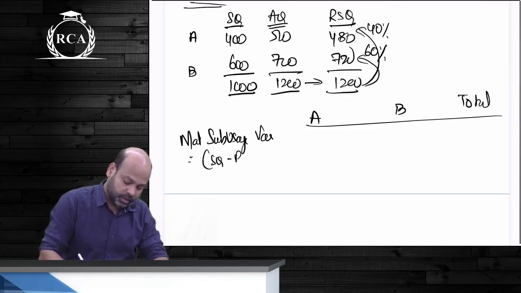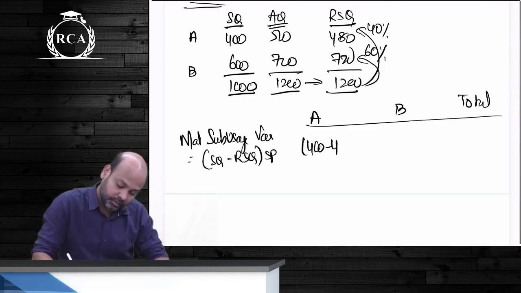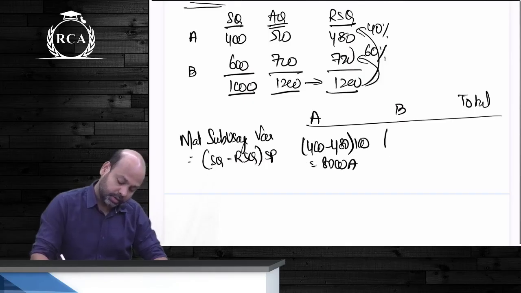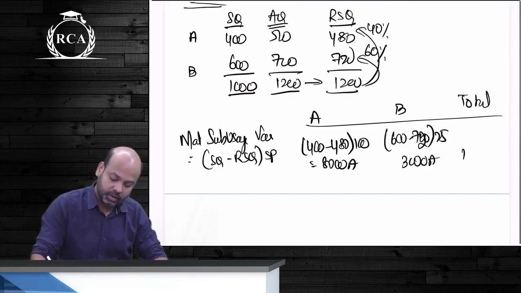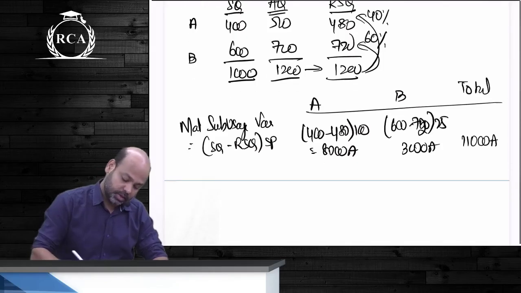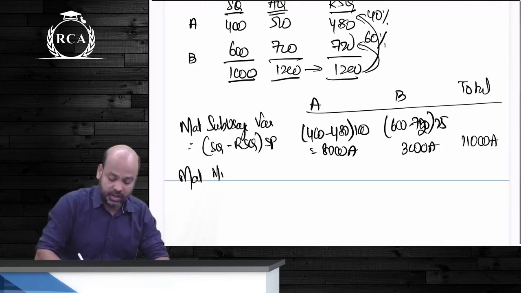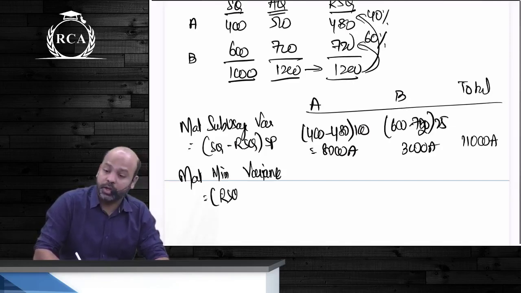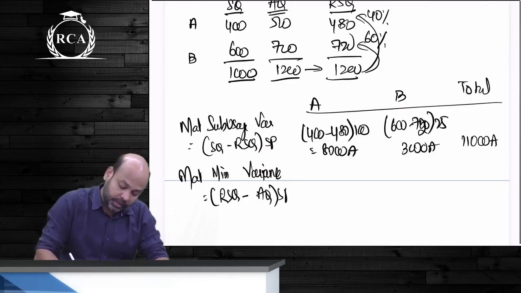Material sub-usage variance would be SQ minus RSQ multiplied by SP. So that will be 400 minus 480 multiplied by 100, 8,000 adverse. This would be 600 minus 720 into 25, 3,000 adverse. Total 11,000 adverse. Material mix variance, guys, will be equal to revised standard quantity minus actual quantity multiplied by standard price.